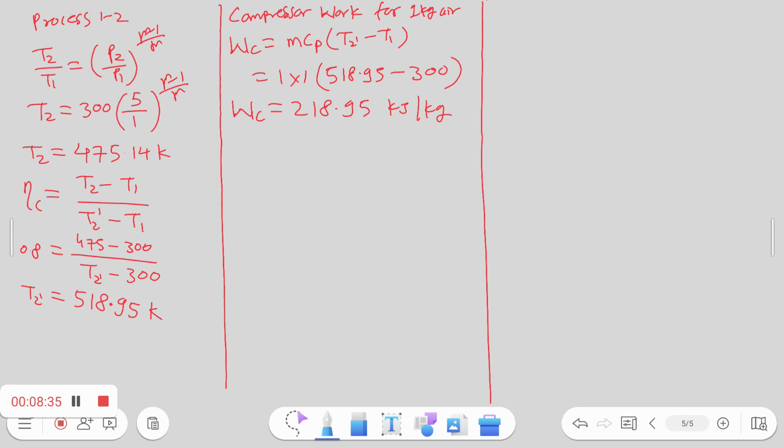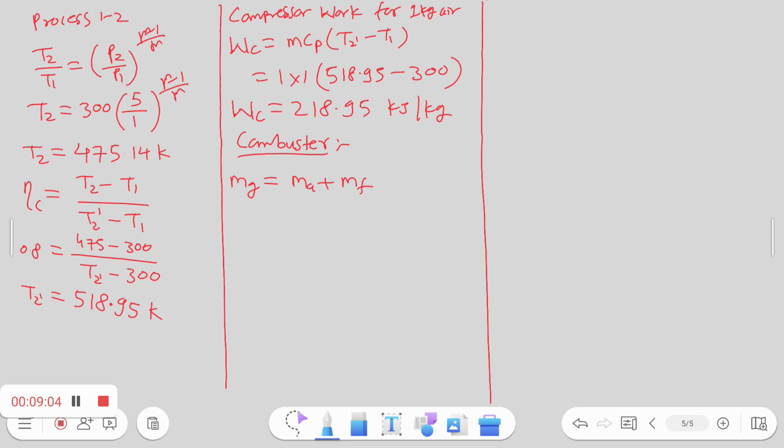Combustor. Now in the combustor, the air and fuel get mixed and combustion happens. So the mass of gas is equal to mass of air plus mass of fuel, right? Now, air fuel ratio, okay?